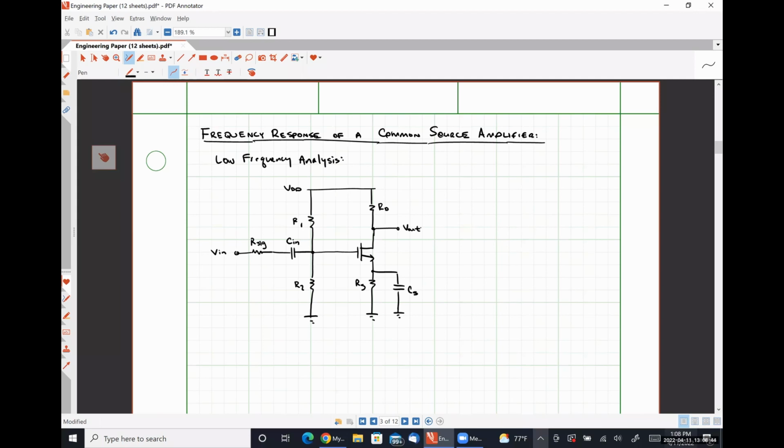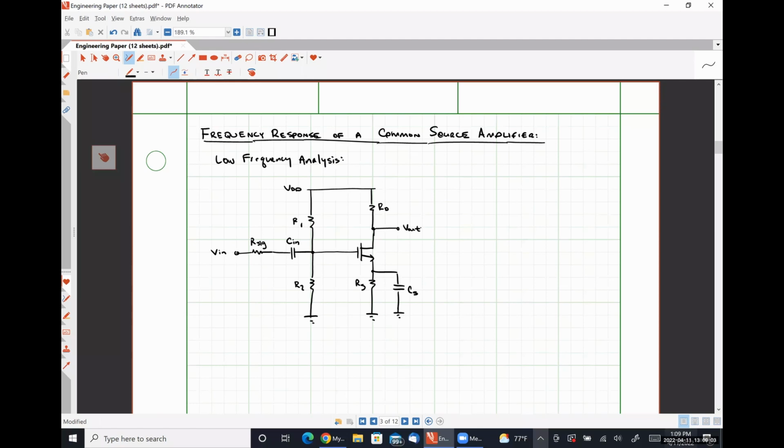So this should look extraordinarily familiar. The only fundamental difference here is that we are not loading our amplifier with a load resistance or anything in this case.